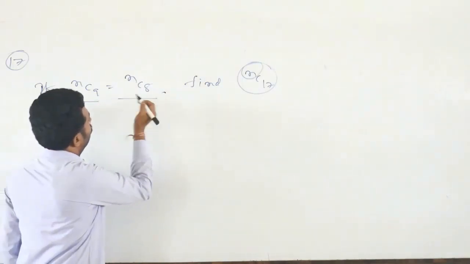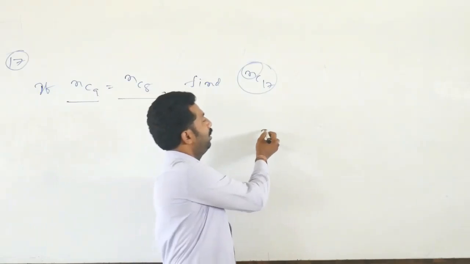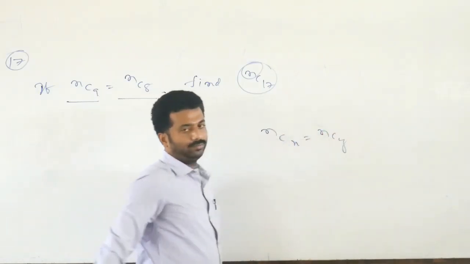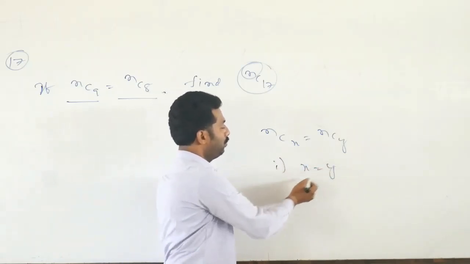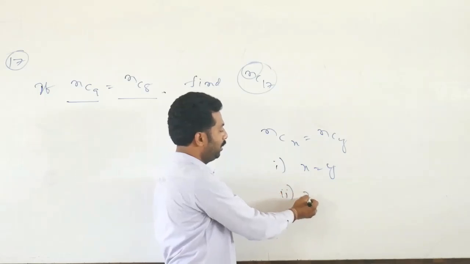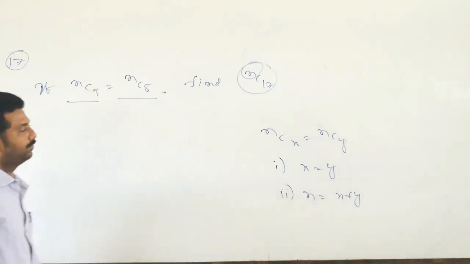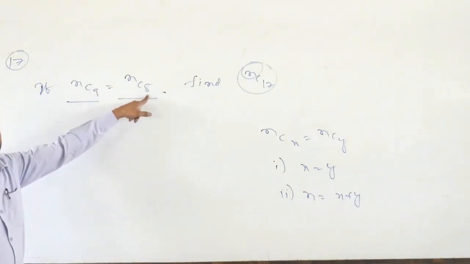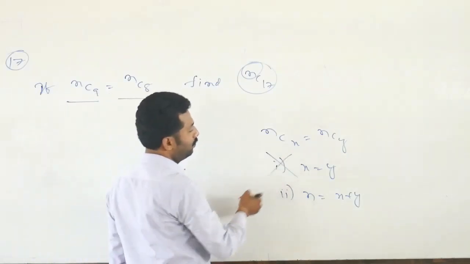Very simple. nC9 equal to nC8. One formula: nCx equal to nCy has two cases. One is x equal to y. Another is n equal to x plus y. Here x is 9 and y is 8, so 9 cannot be 8, and the first condition is not suitable.